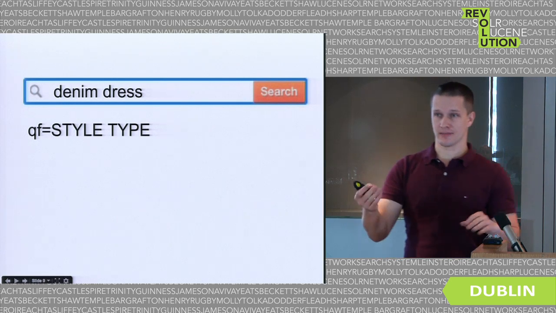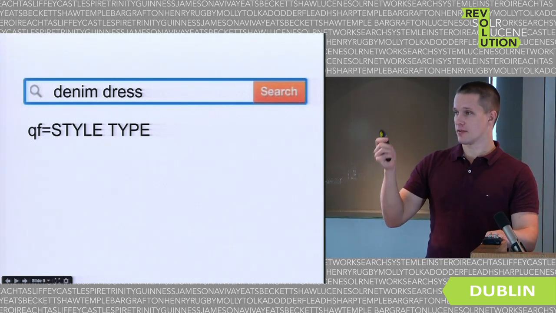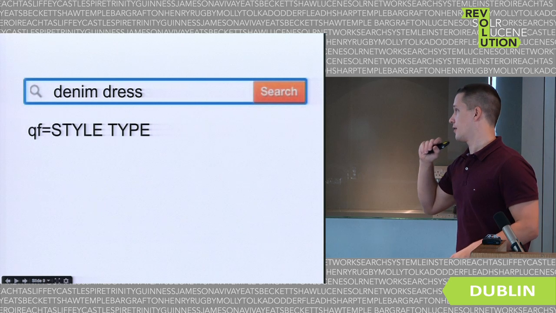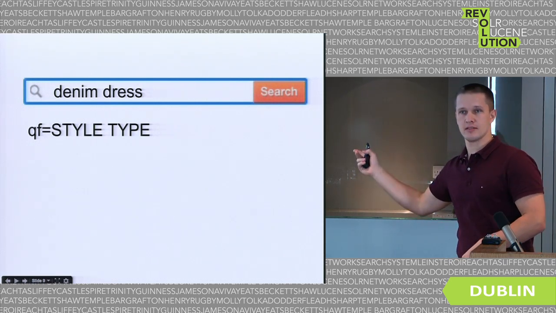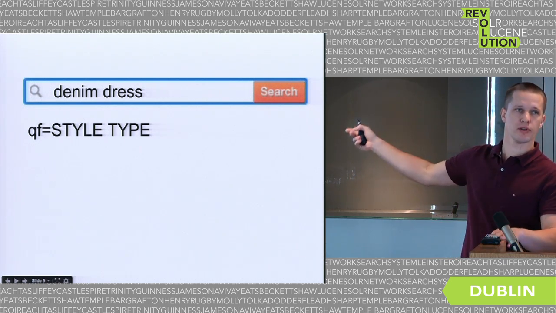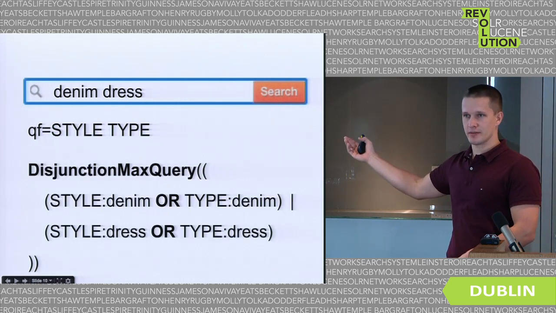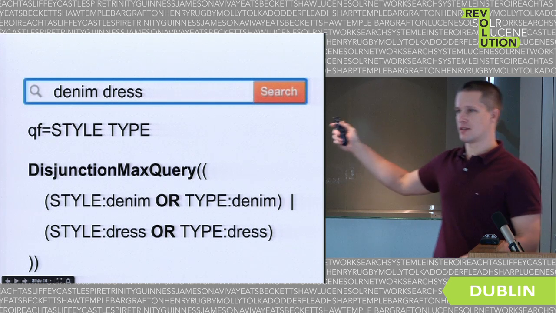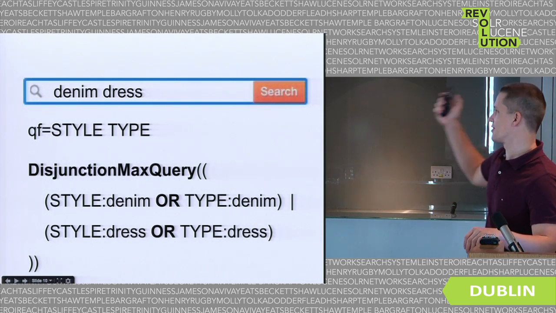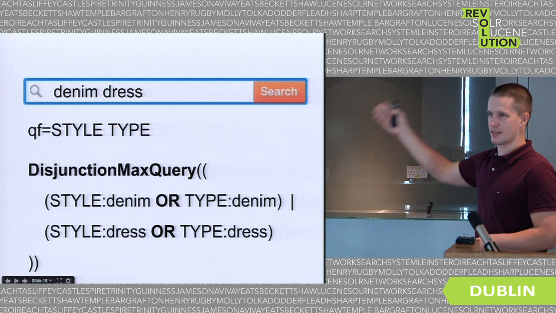Like a query parser, right? And this query parser generates a query something like this. Is this the correct form of the query created by the dismax query parser? Do you think so? No, it's incorrect. So the dismax query parser generates something like this.